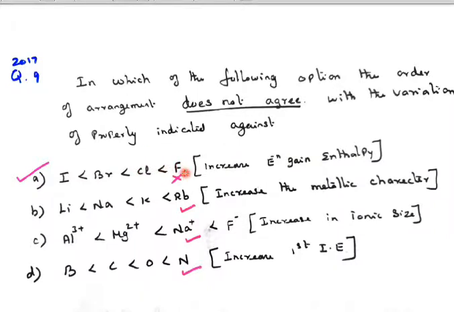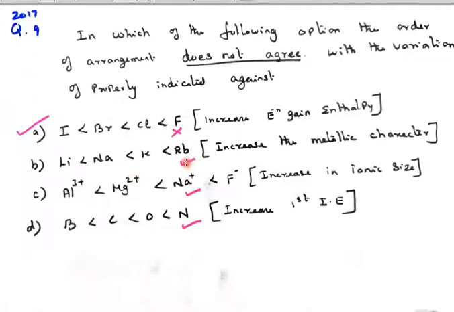Due to the small size, if you add an electron, the density of electron will increase, so electron repulsion takes place in fluorine and it will not accept any electron. Chlorine should have more because of the larger size. Rubidium is a correct answer. Fluorine minus, ionic size increases, minus is more than. And the first ionization energy of sodium, oxygen, boron, and the family, all this is correct. The first one only is the wrong answer.